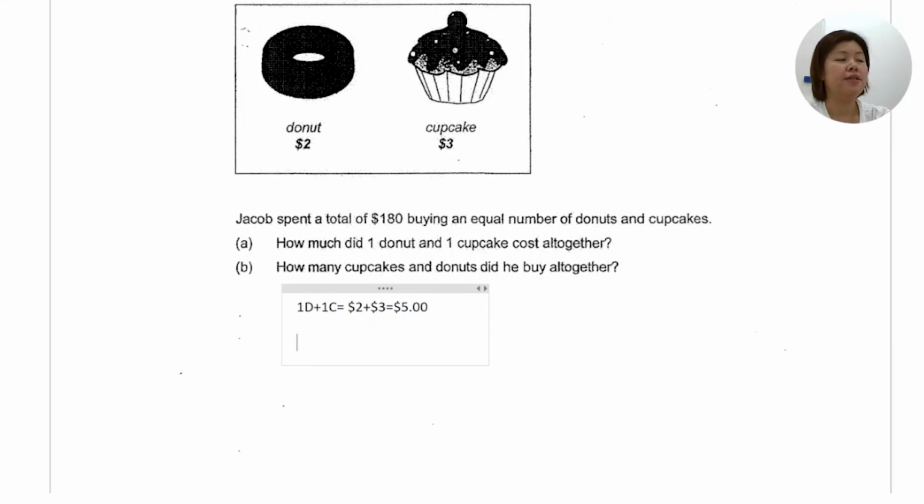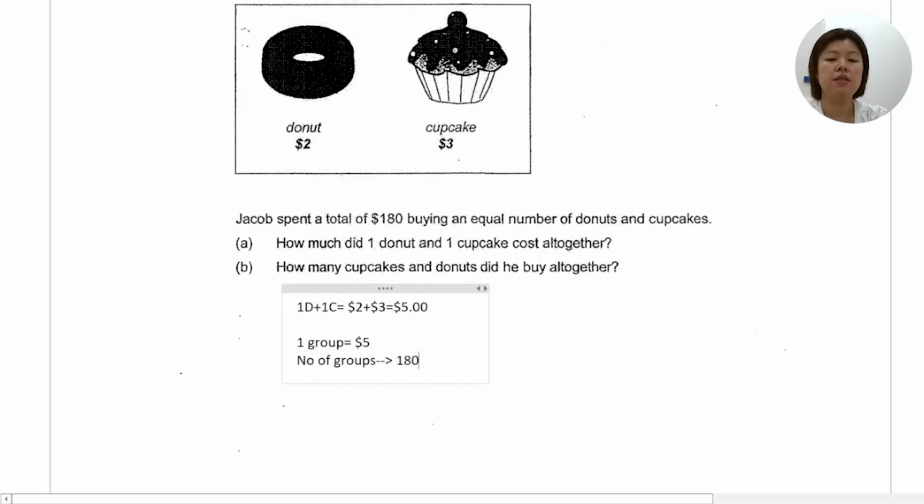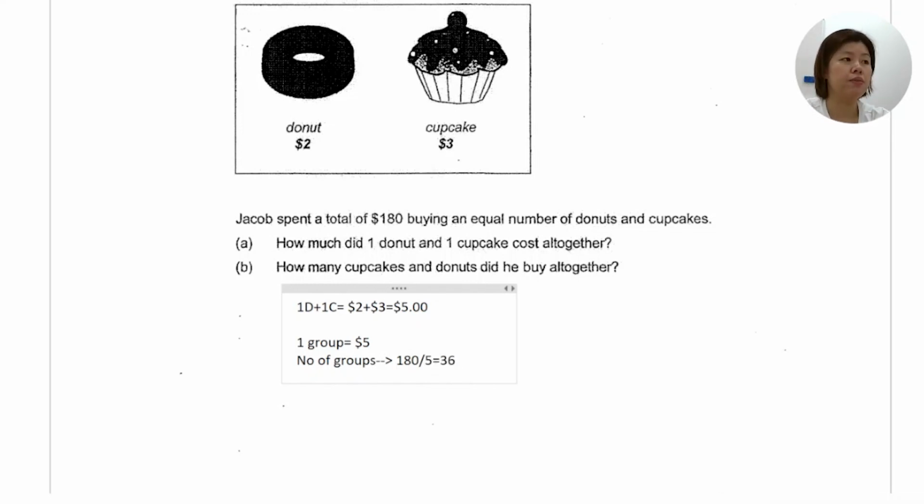So A is done. We can know that one group is actually equal to $5. And I have $180. I can find the number of groups here, which is 180 divided by 5, you will have 36 groups.